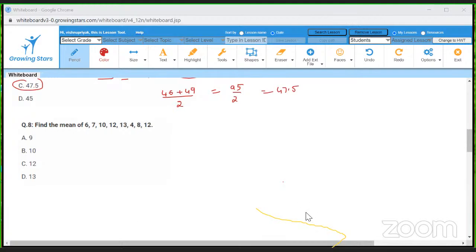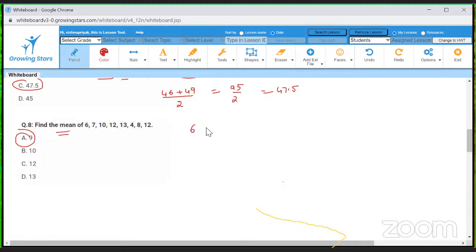Who gave the answer first? Kumar is saying the answer is C. Let me tell you, the correct answer is A. Lohit is correct this time. How will you find the mean?